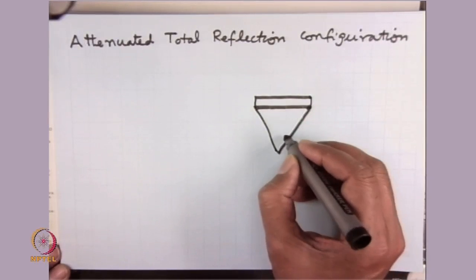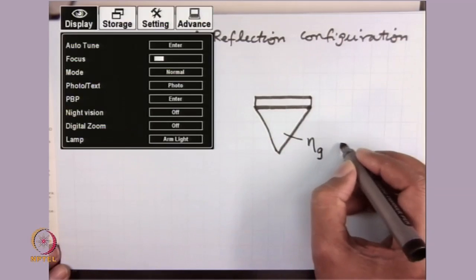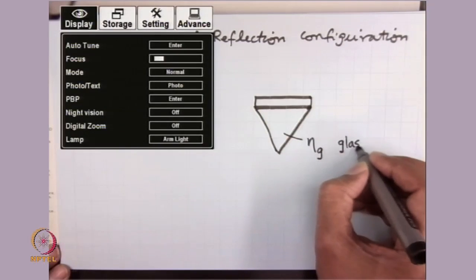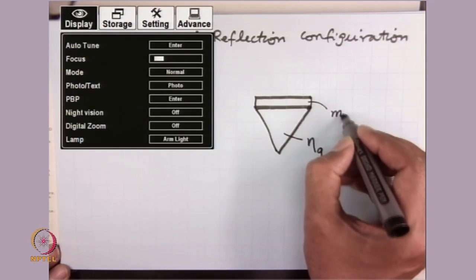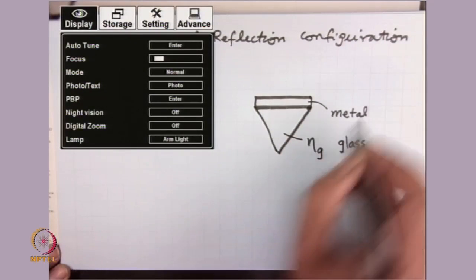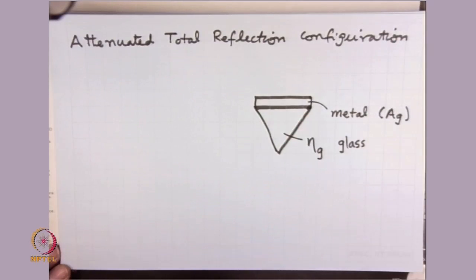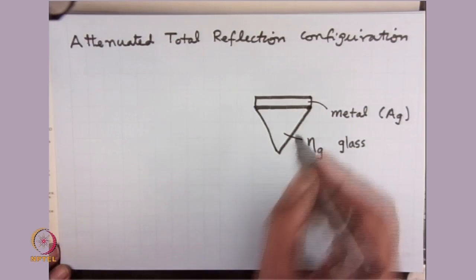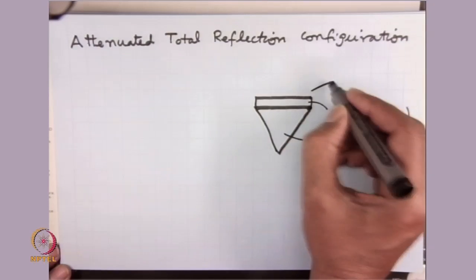This is a glass prism of refractive index eta g. This is metal, typically silver. Sometimes people use gold also. And this is free space here.